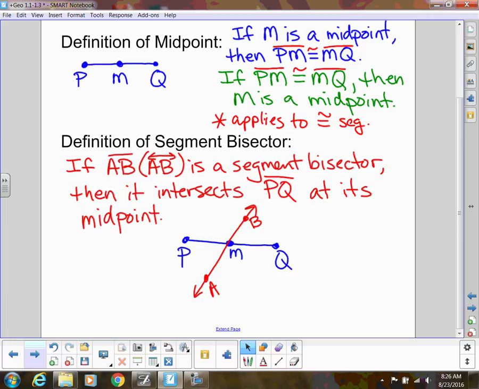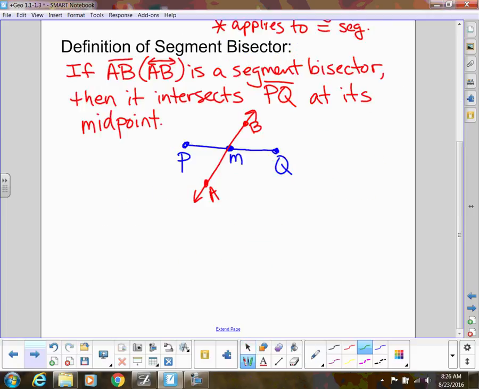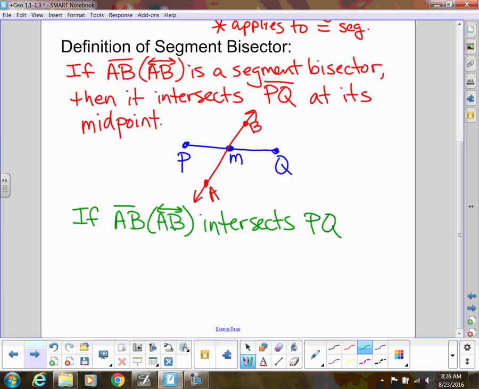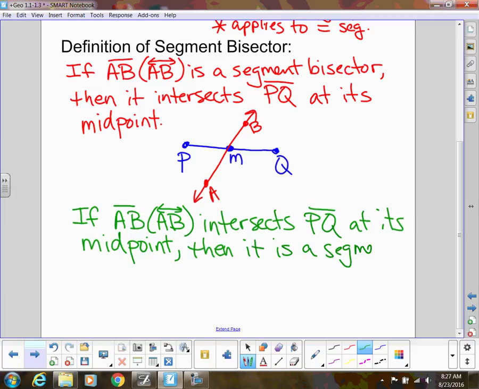And remember, the opposite can be true as well. So if AB intersects PQ at its midpoint, then it is a segment bisector.